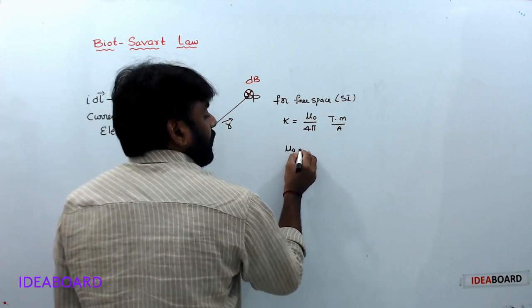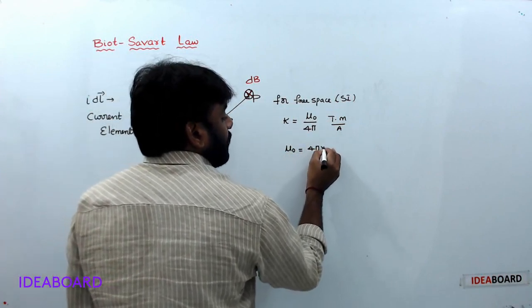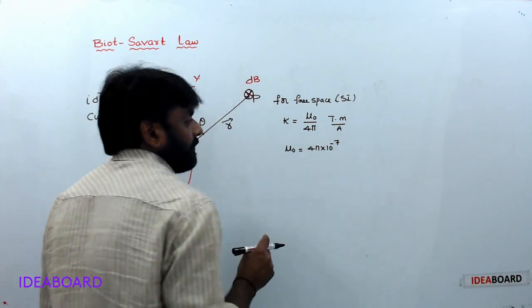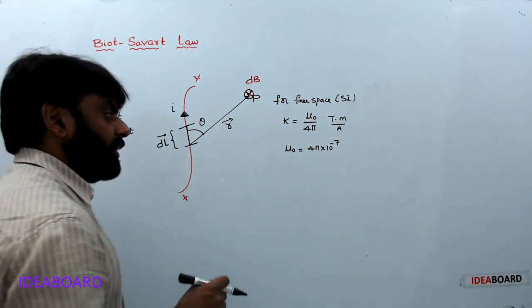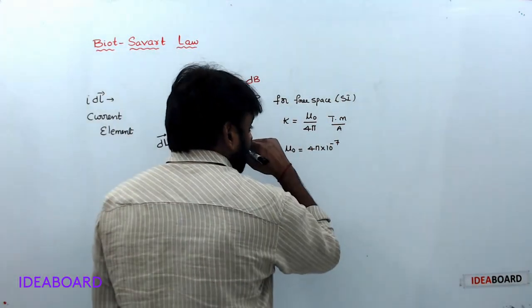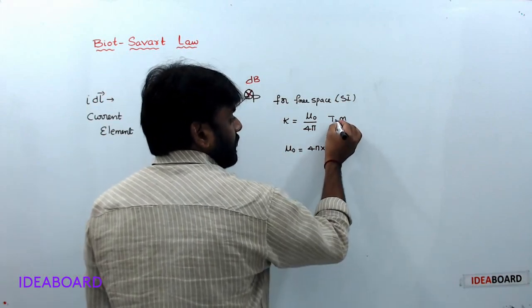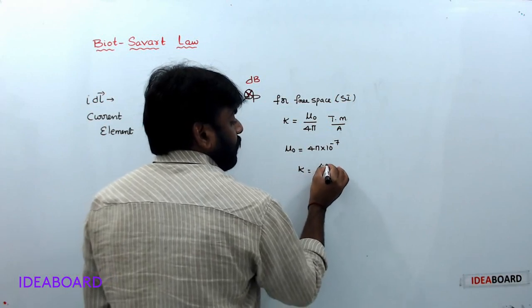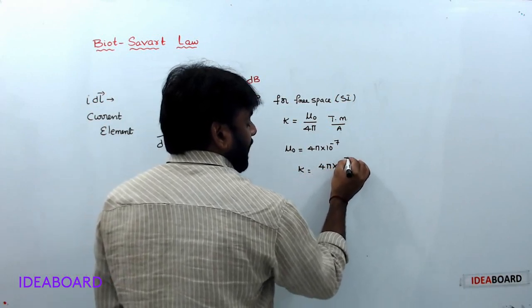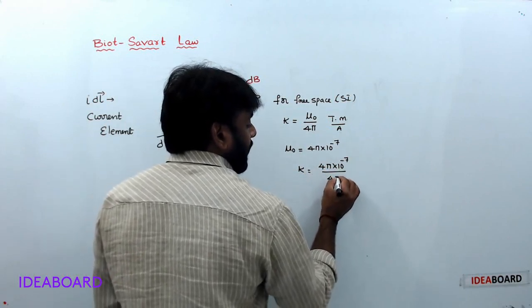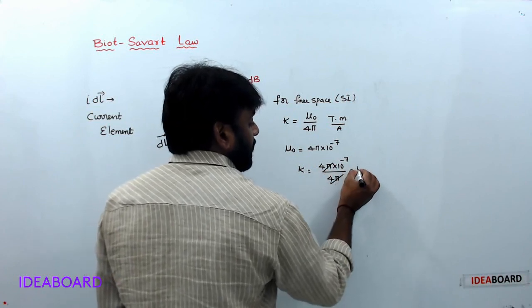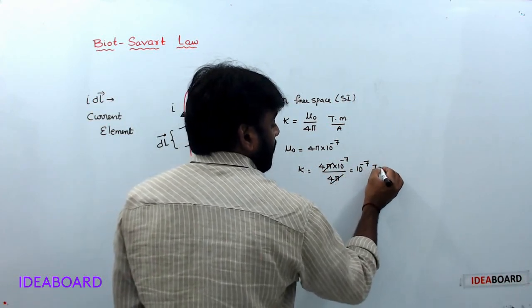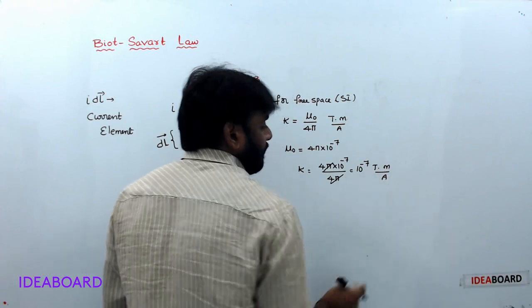Mu naught value is 4 pi into 10 to the power of minus 7, with units Tesla meter per ampere. Substituting, 4 pi into 10 to the power of minus 7 by 4 pi, the 4 pi cancel, giving 10 to the power of minus 7 Tesla meter per ampere.